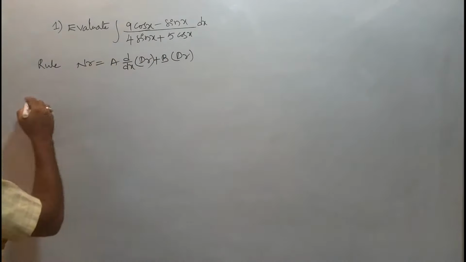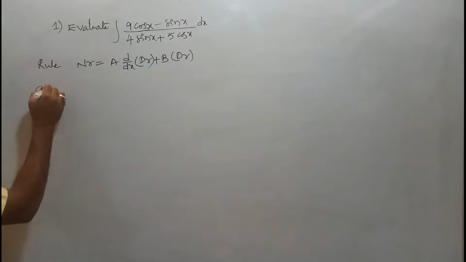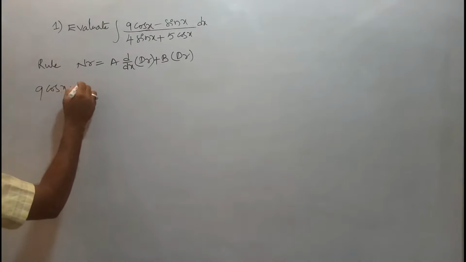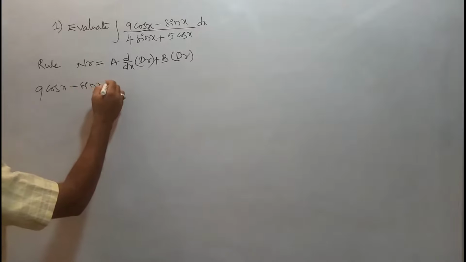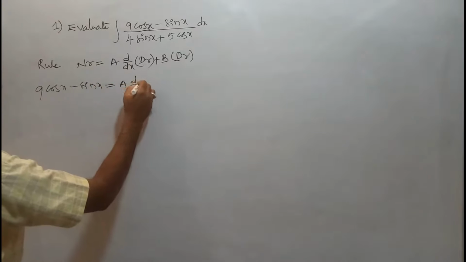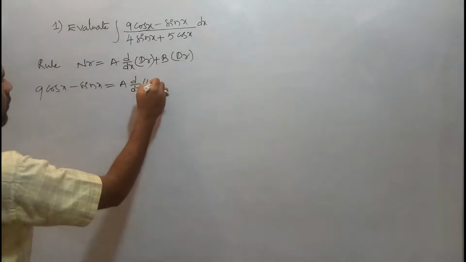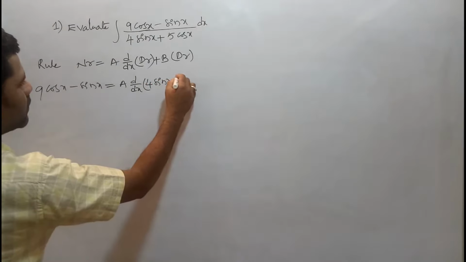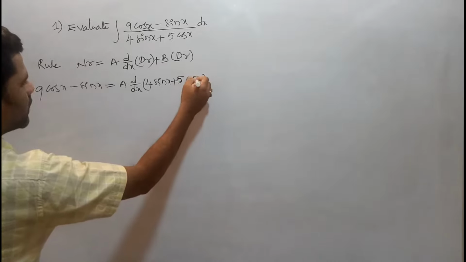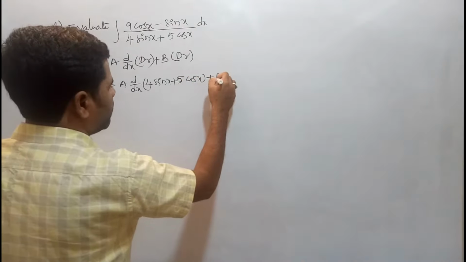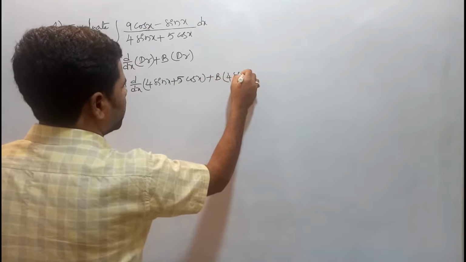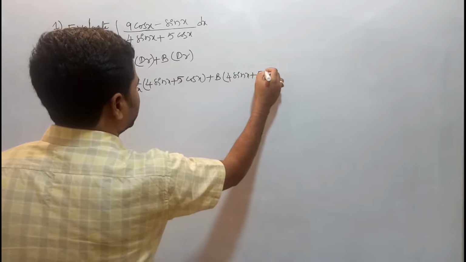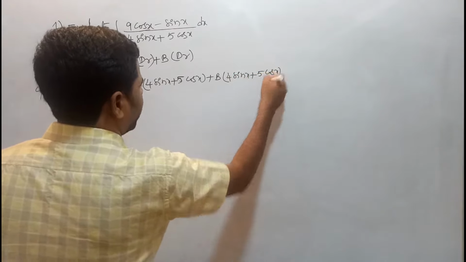What is numerator? 9 cos x minus sin x is equal to a d by dx of (4 sin x plus 5 cos x) plus b of (4 sin x plus 5 cos x).